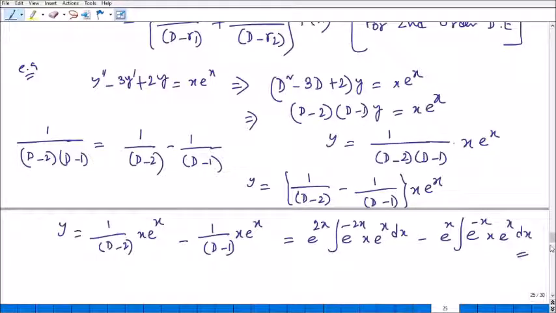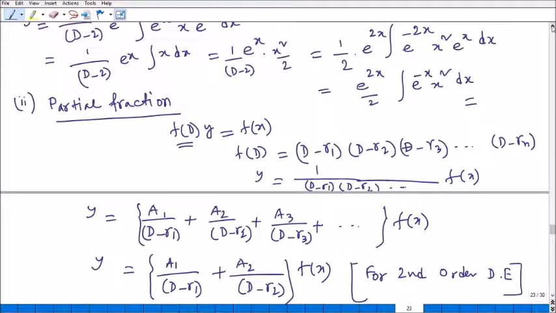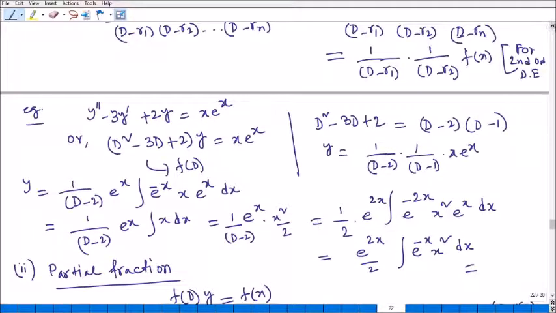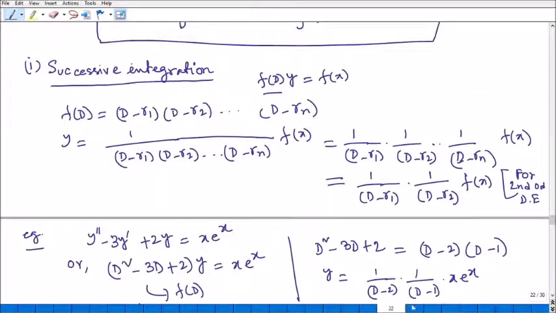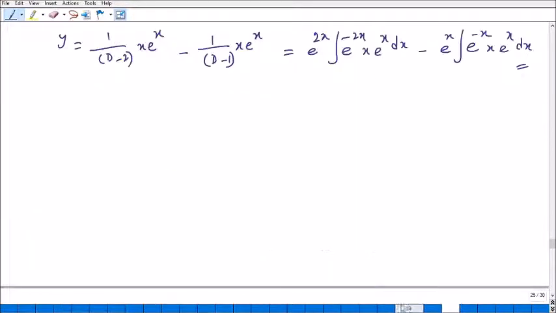So this is the simple integration, and you will get the same result with this technique also. So the first technique was successive integration, and then this is the partial fraction method. Next we will discuss the series expansion method. Next technique in this operator method is the series expansion of operator method.